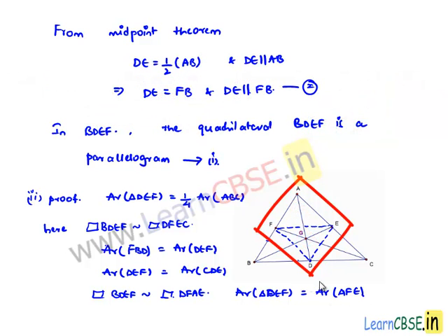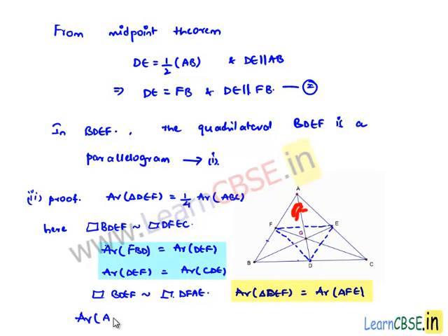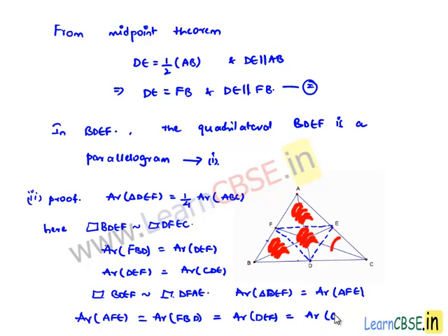Now by all these equations we can say that the area of triangle AFE is equal to the area of triangle FBD, is equal to the area of triangle DEF, is equal to the area of triangle CDE. By adding all these, we get the whole area of triangle ABC.